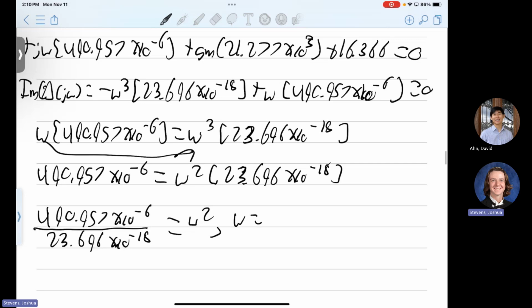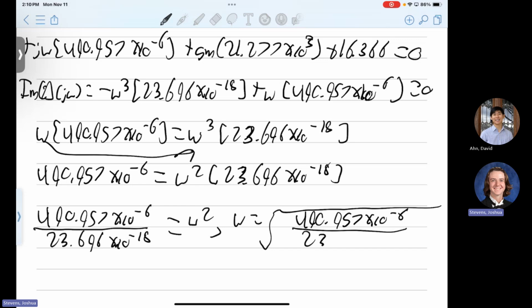Take the square root. Omega squared, 957 times 10 to the negative 6th all over 23.696 times 10 to the negative 18th. Do we agree? Cool.